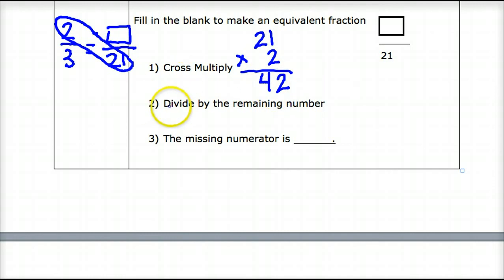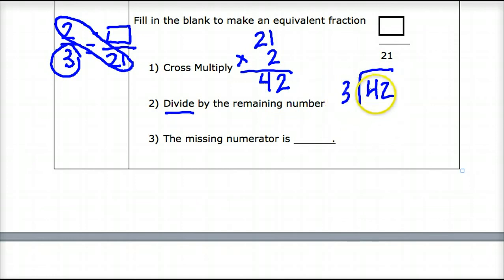Now, our second step would be to divide by the remaining number. So the number that we have left in our problem that we have not used is the number 3. So we're going to divide our 42 by 3. Remember, 42 will go in the house. We know that 3 goes into 4 one time.